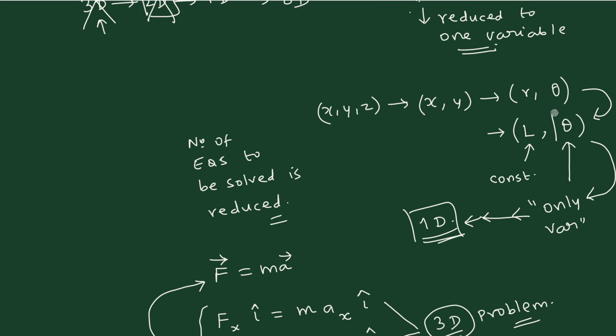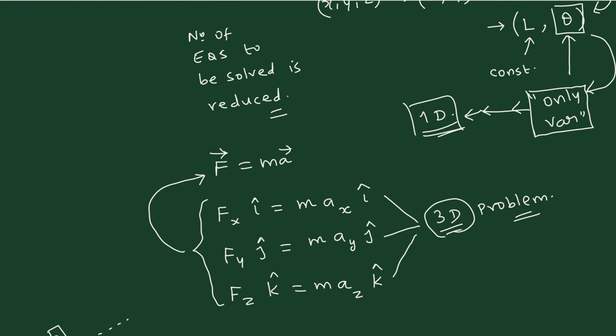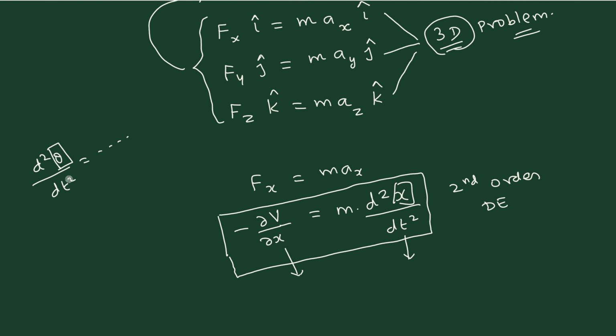So theta is the only variable, and for that only variable, you have to write down the Newton's equation, and that Newton's equation is going to look like d square theta by dt square equal to, on the right hand side, some expression. From there you calculate the time period T equal to 1 by 2 pi times square root of L by g, etc. And that too after some simple assumptions. Okay, solving that is also not a trivial and simple job.